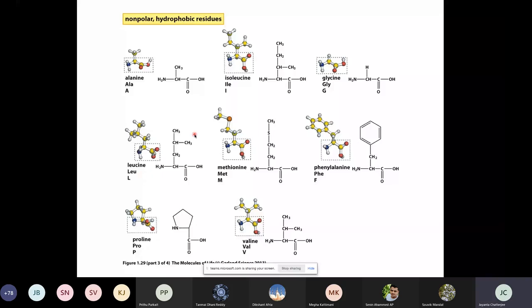And it does not require an enormous amount of imagination to understand that this molecule should also be very hydrophobic. It's even more hydrophobic than alanine. Okay. Likewise, there is a little bit of a difference here.